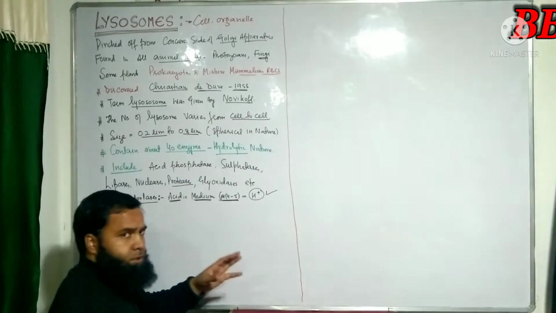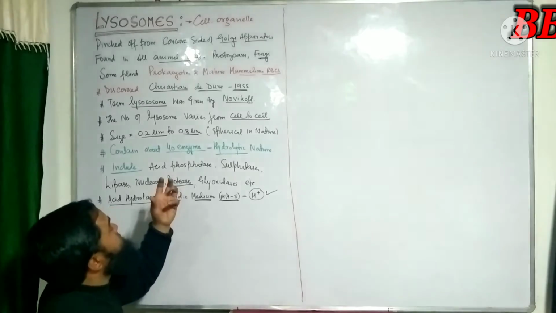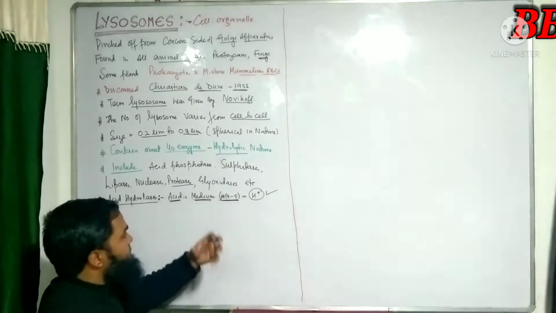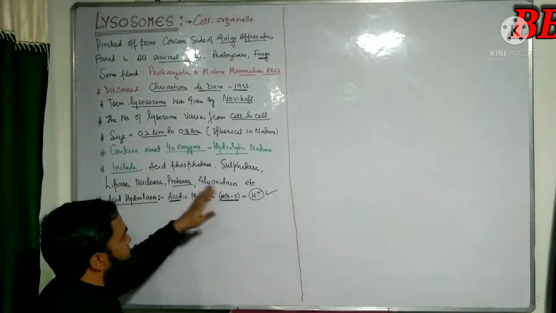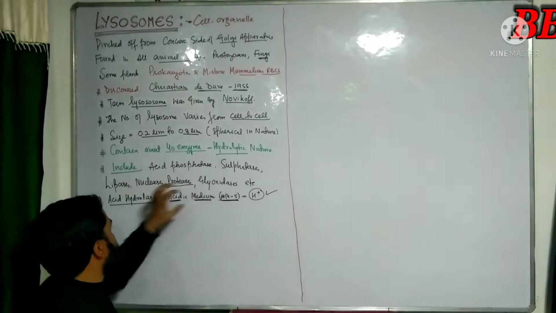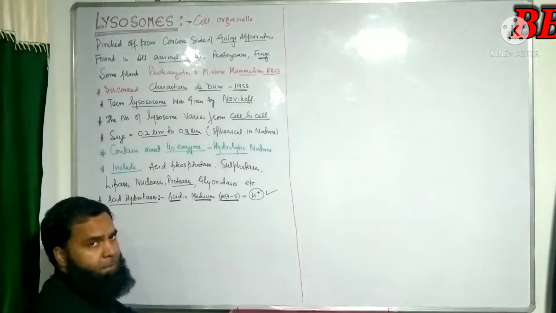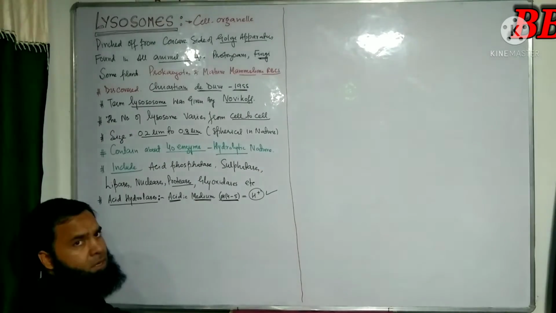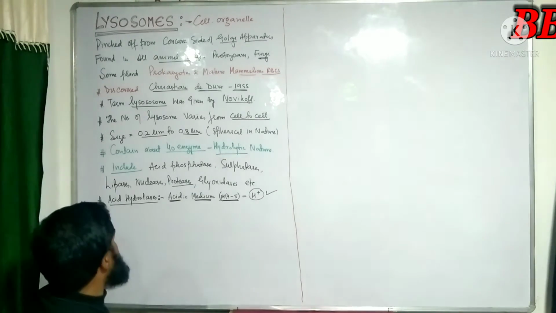When the proton concentration gets higher inside the lysosome, an acidic medium is created. So all these enzymes, collectively called acid hydrolases, work in this atmosphere. That is the reason they are called acid hydrolases. I think you got this information.